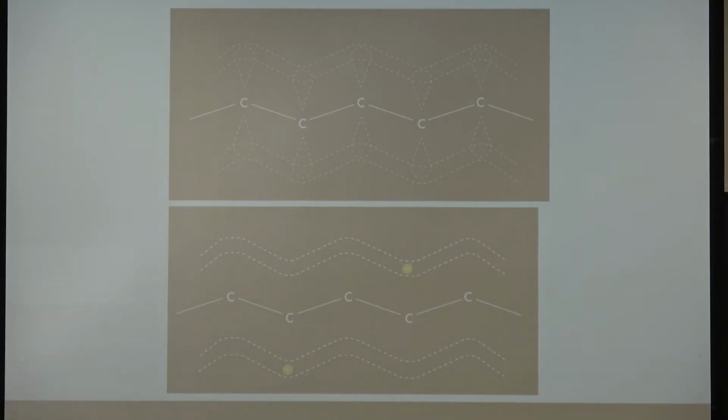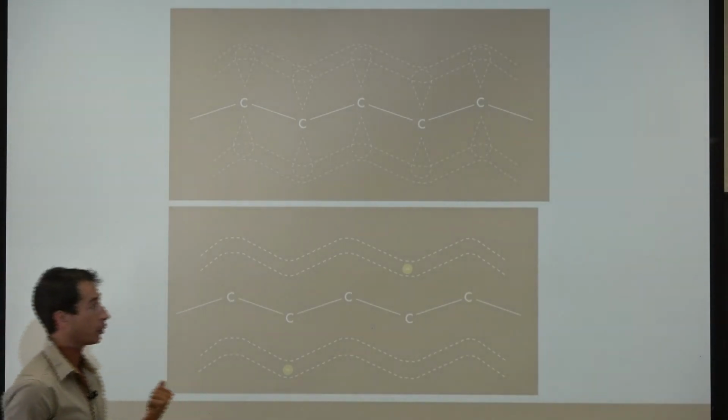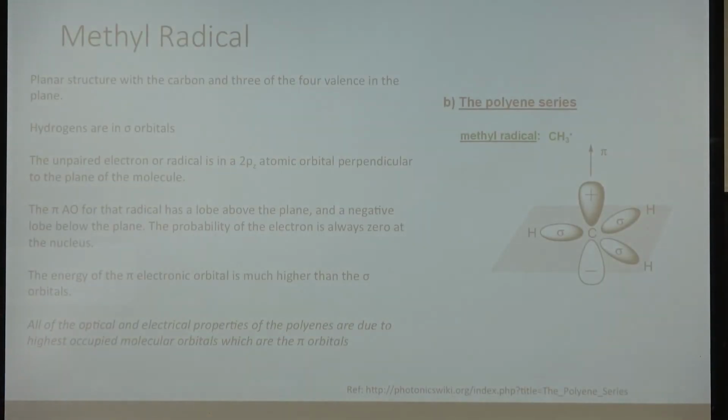So this is the same thing as what I just drew right here. But what does that look like from molecular orbital theory? Okay, so if we think about a monomer, a methyl radical, so CH3 with an electron, okay?